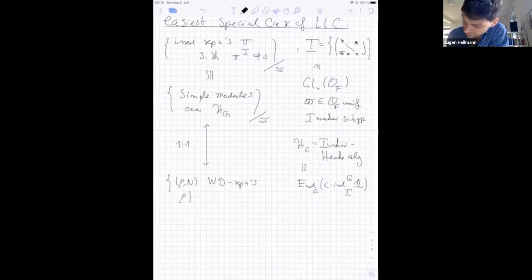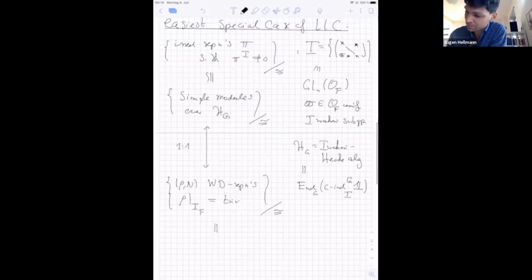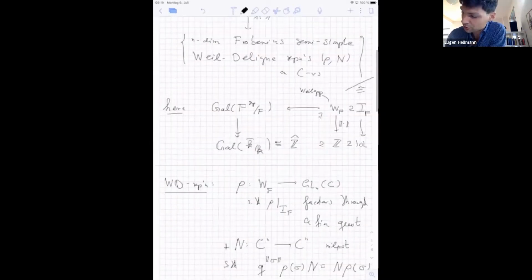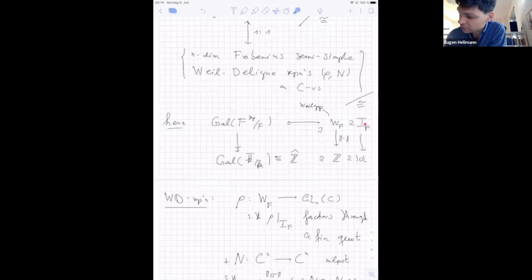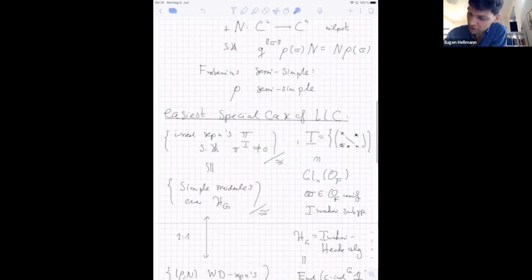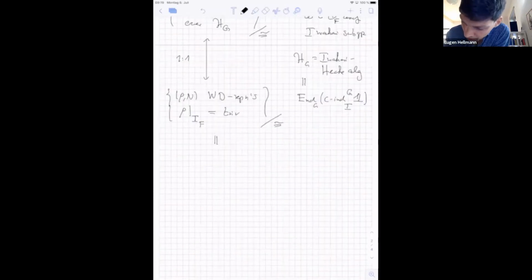And in the definition of Weil-Deligne representation, I asked that the restriction of rho to the subgroup I_F factors through a finite quotient. And the easiest special case, of course, is where this restriction is trivial. And if this restriction is trivial, then according to the definition of the Weil group, you just end up with the representation of the integers, which is just given by one element.